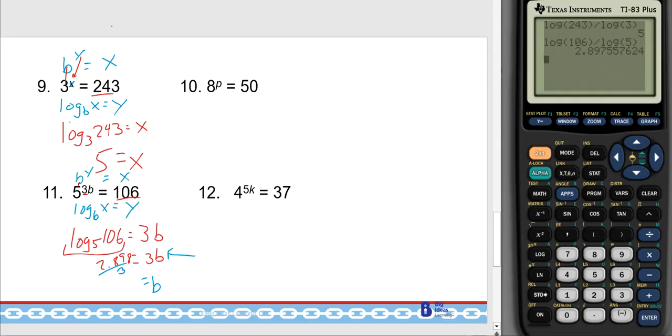I have the log base 5 of 106 already in there, and then I can just turn around and hit the divide by 3, and it takes that log, divides it by 3 for me, and I get 0.966. Number 12, be the same way. Label things out, change the form, and then evaluate the logarithm and solve for k. So that is it for logarithmic properties and solving logarithmic equations.